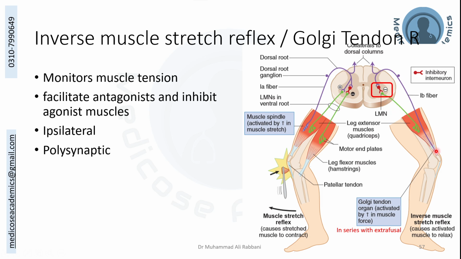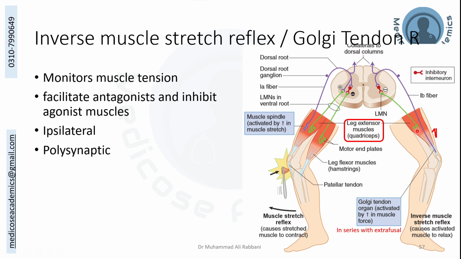So what happens is that if the tension increases, then the signal will go. This inhibitory neuron will activate and it will deactivate the lower motor neuron. So ultimately, increasing tension will inactivate the muscle.